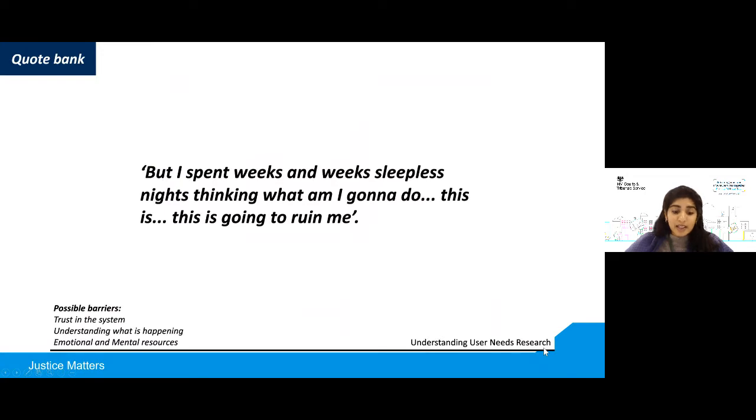Next is the quote bank, which is made up of a series of quotes from user research in HMCTS, as well as some of the other research that was used to create the barriers framework. They really bring to life how these barriers are experienced by users on a personal level and the impact that they can have on people.